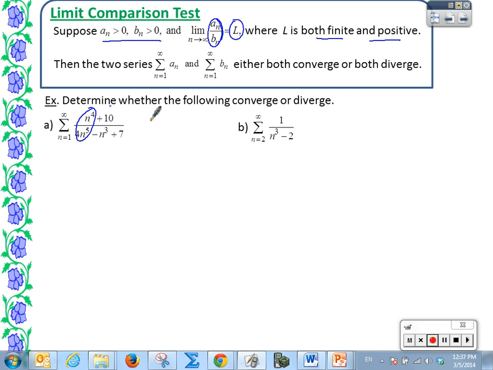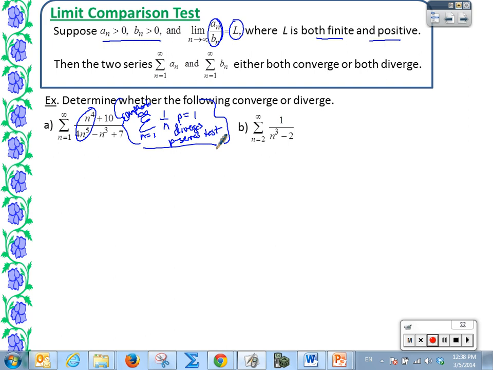So we're going to compare to this series, which would be 1 over n. So that's a p series, p equals 1. And what does the p series test tell us about that? It diverges. This one diverges by the p series test. Okay, and this is the information on what I'm using to compare to.